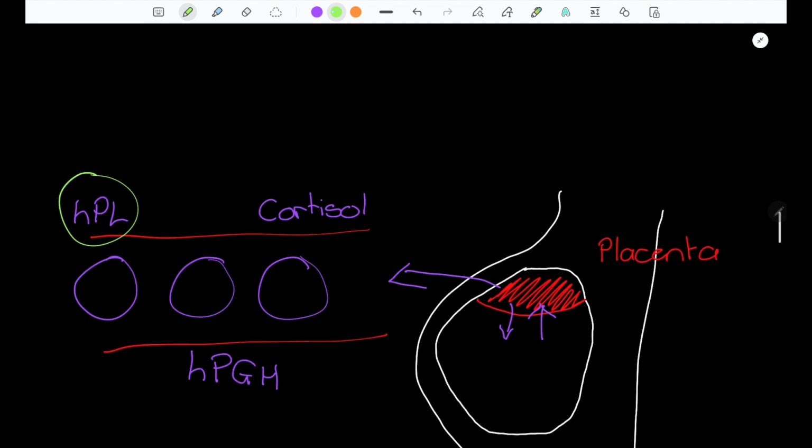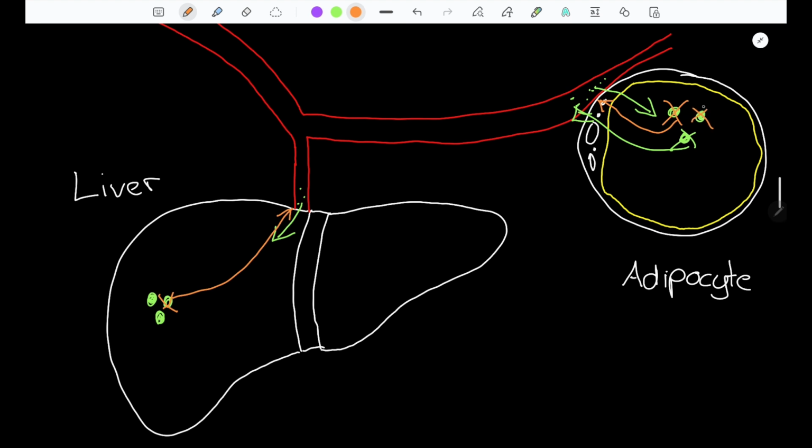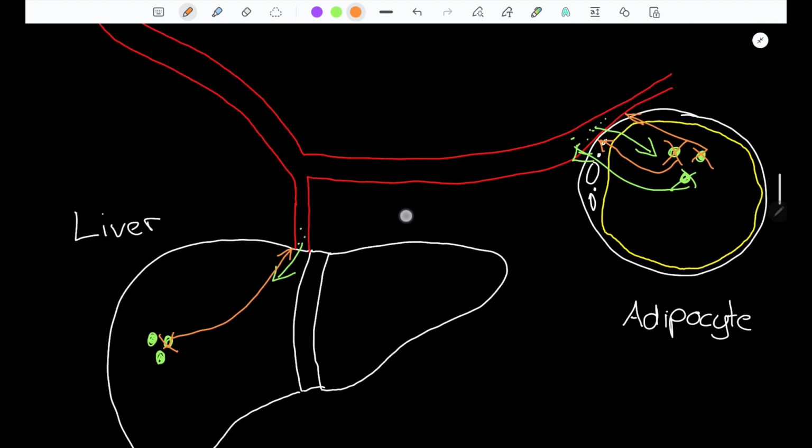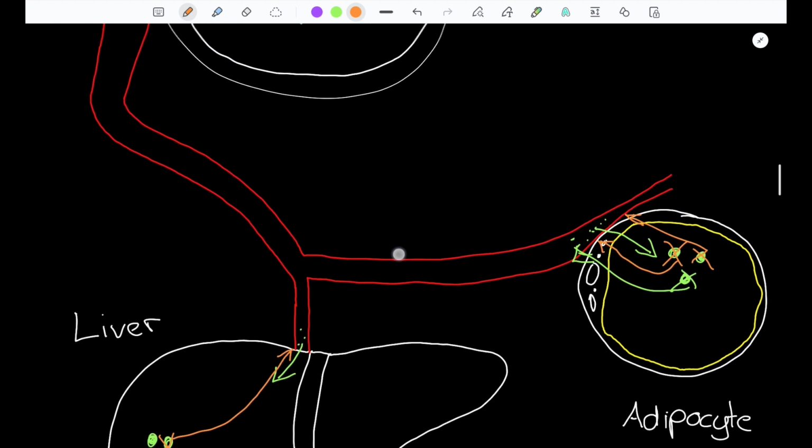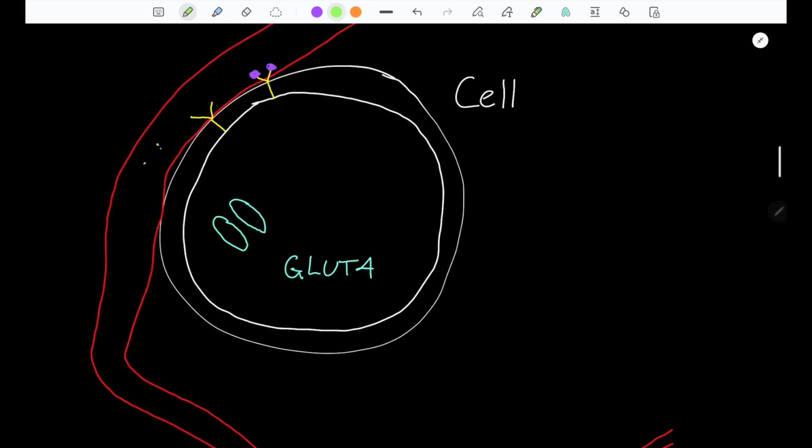HPGH and cortisol also promote lipolysis and interfere with insulin signaling similar to HPL. Interestingly, this lipolysis also inhibits the transport of glucose into the cells, leaving more glucose in the circulation.